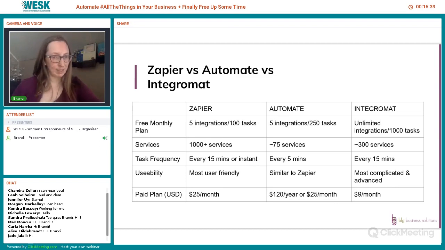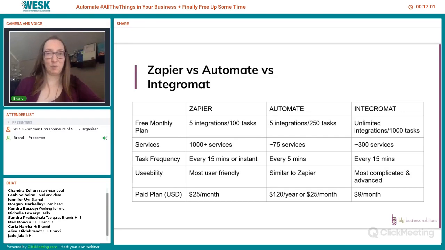That will probably make more sense once we get into some of the examples. But if you need it so that when this happens, your integration does this thing, and you always need that to happen instantly, it's important to know that ahead of time, because if you're on a free plan, your free plan might not allow you to do that.